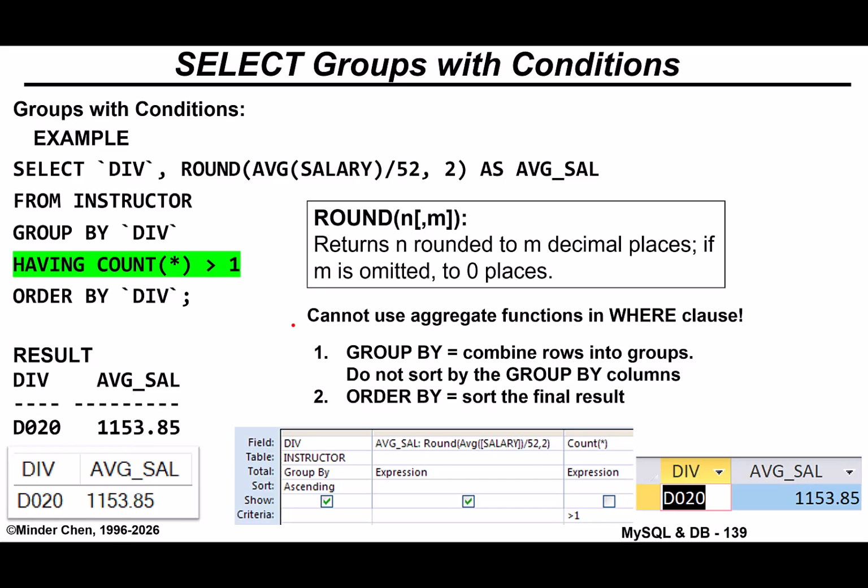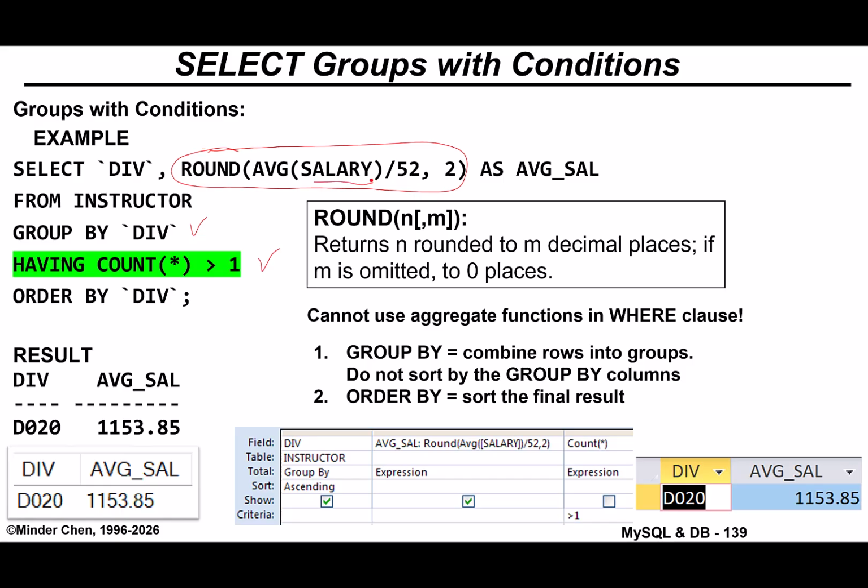So we're using once again select statement with group by with having, as we indicated previously. In this case, we're calculating the weekly average salary to 2 decimal places.